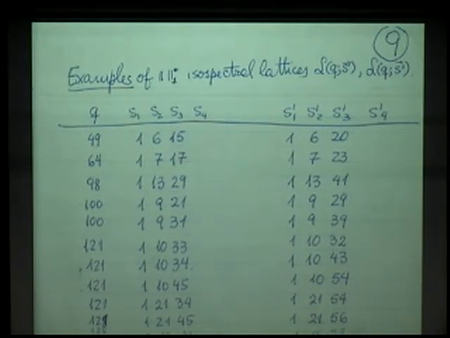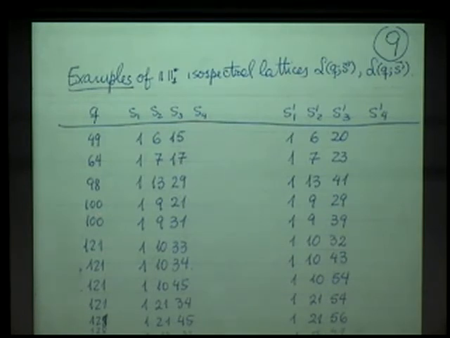So here they are. These are the parameters for dimension 3. These are isospectral pairs for all p. And the parameters are a little bit bizarre, in a sense. So that means that you see this is 7 squared, 8 squared, 2 times 7 squared, 10 squared, 11 squared.